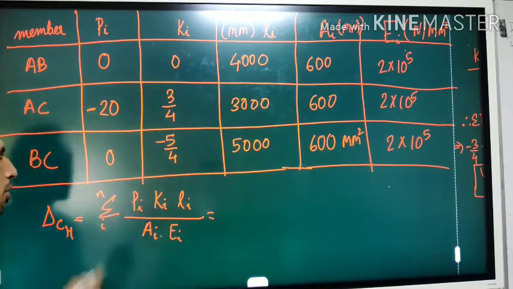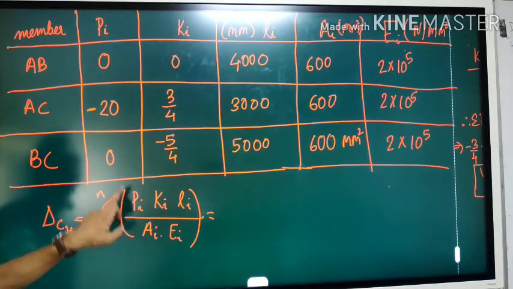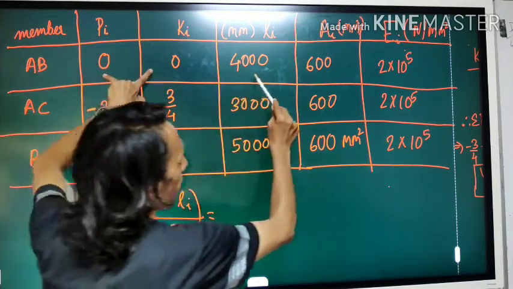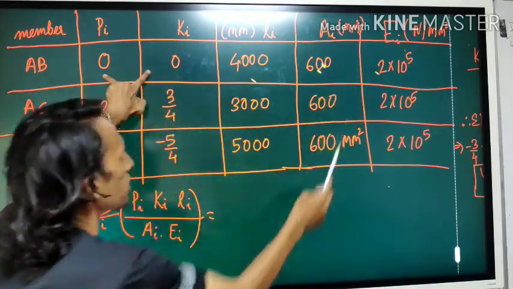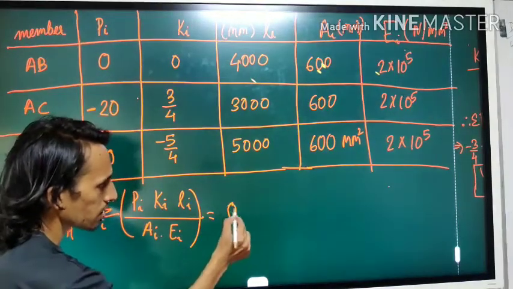You have to sum all these values. So what is the PI? First PI is 0, KI is 0, so since it is multiplying by 0, the first term will be 0.